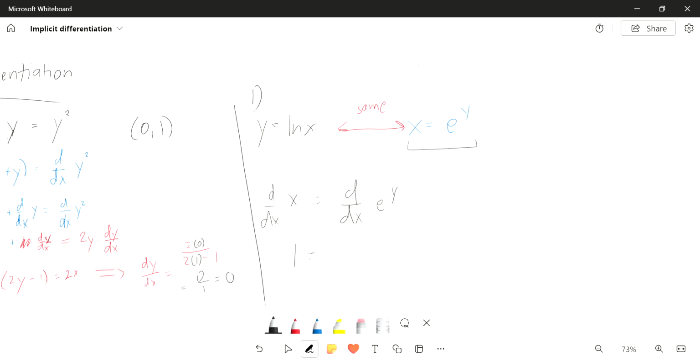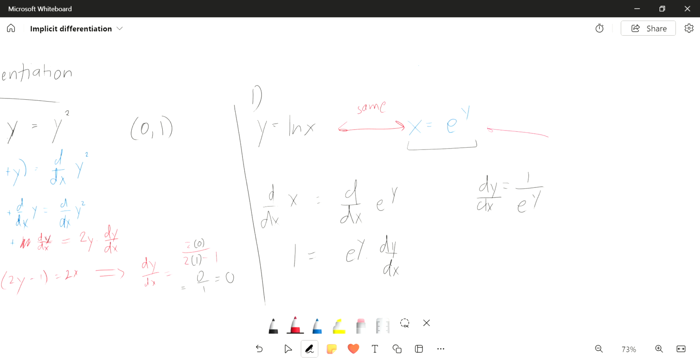So the left side becomes 1. And the right side, if you take the derivative with respect to y, you get e to the power of y, and then you multiply by dy over dx. So dy over dx is equal to 1 over e to the power of y. But we didn't have e to the power of y in our original function.